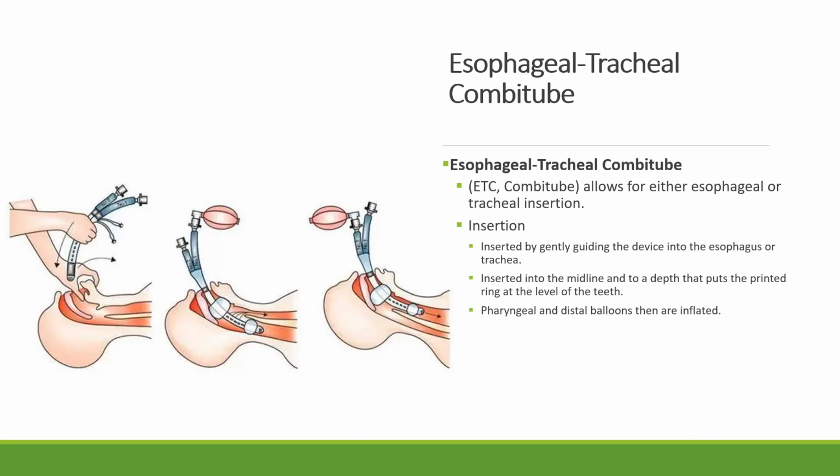The issue that comes is trying to remember which one is first, what do we need to do to make sure that it is working effectively, and which tube it's going to. The reason it has two tubes, hence why it's called an esophageal tracheal combi tube, is that it's a blind insertion device, so technically it can go in either hole, either the trachea or the esophagus, and depending on which of the tubes you connect to the BVM is going to be where it is.